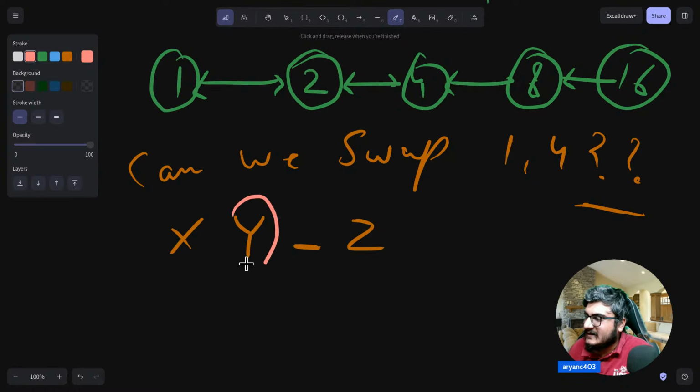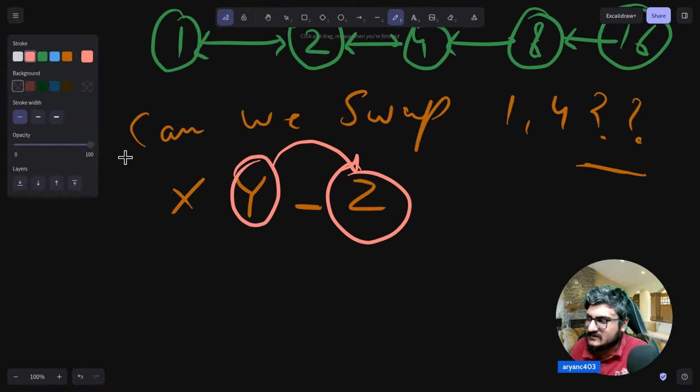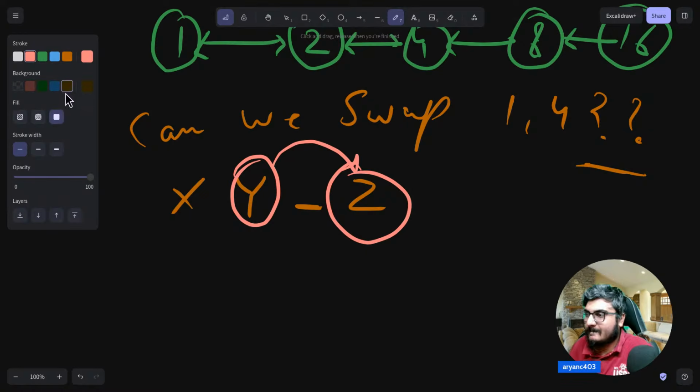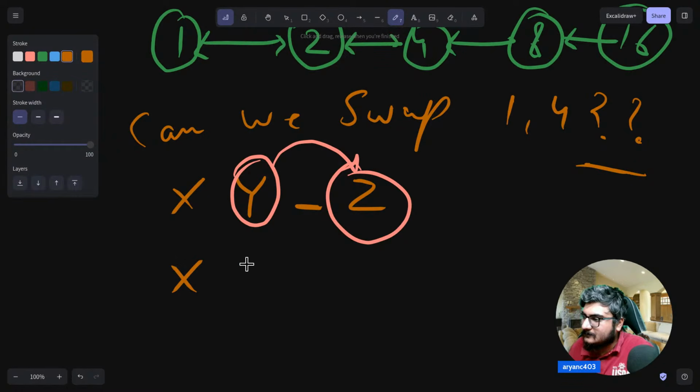Let's first swap 2 and 4, because 2 and 4 swapping is allowed. Then your array would be x, z, something, and y.